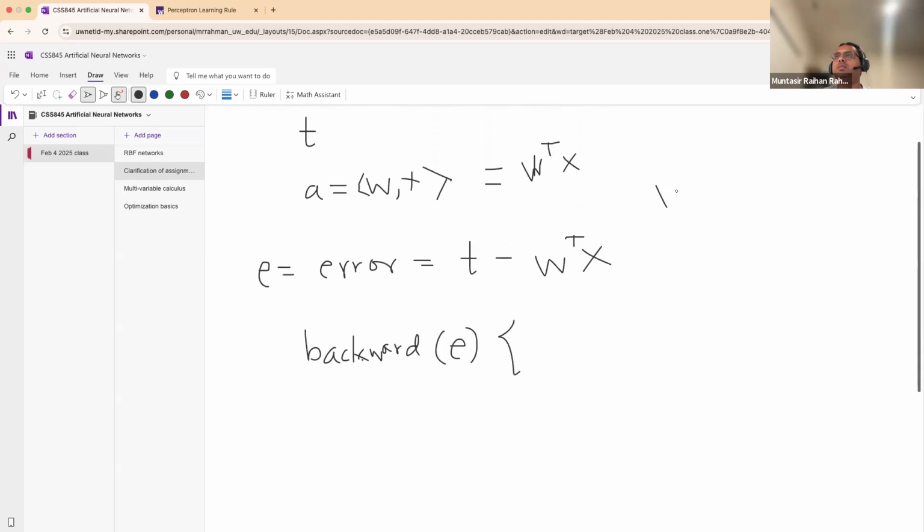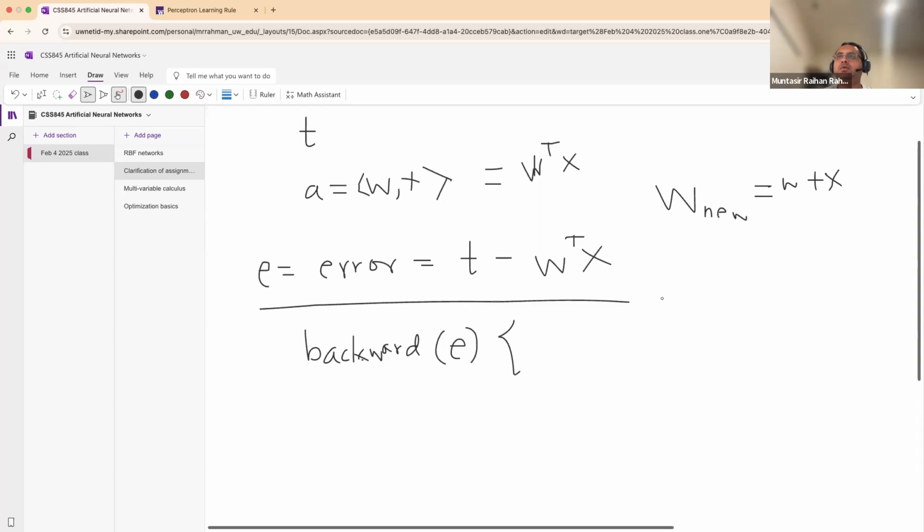W new, if it's W plus X, right? So from here, I believe there is a way to do this, but I might have to check the calculation.